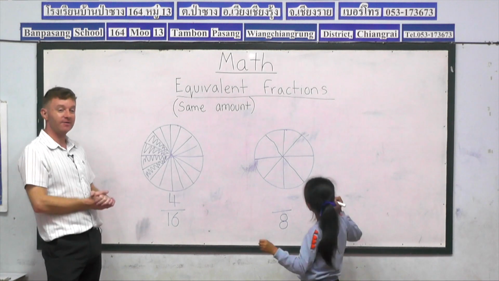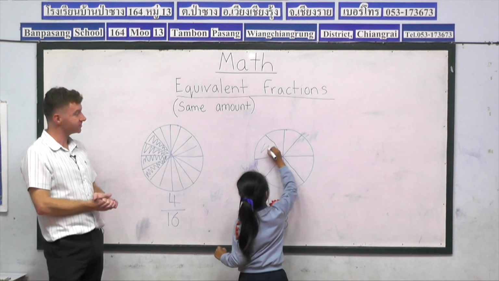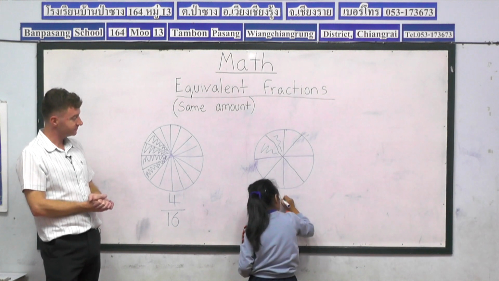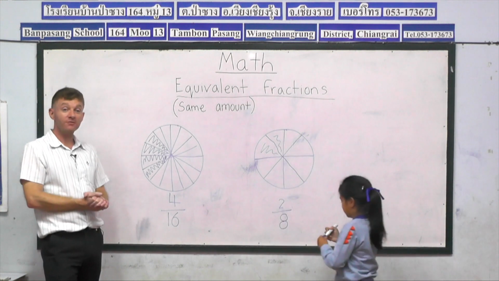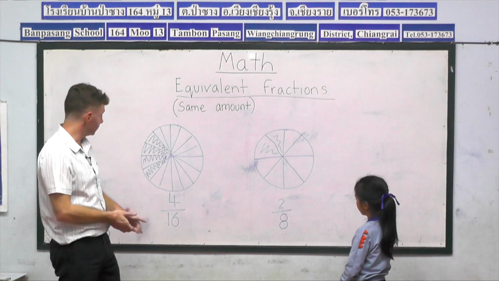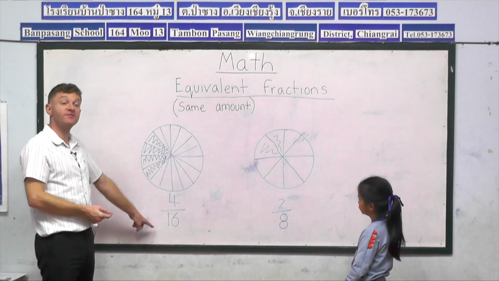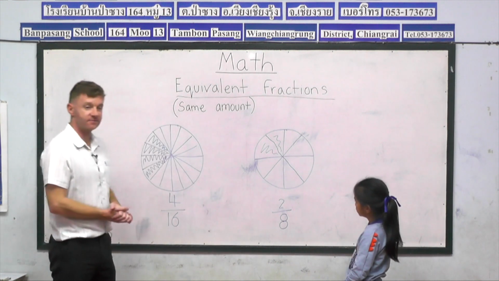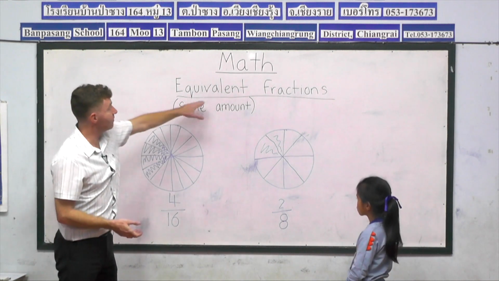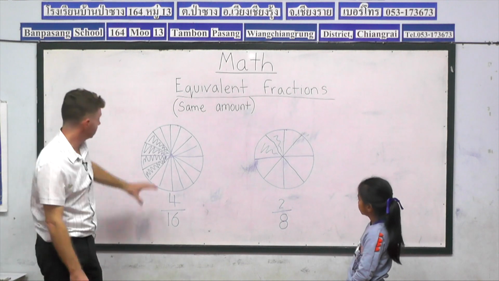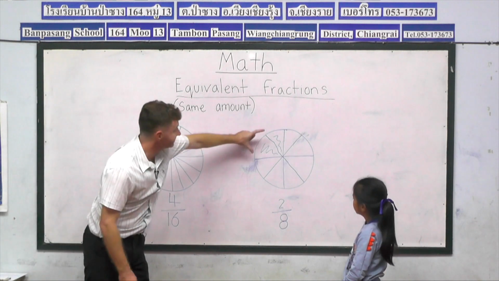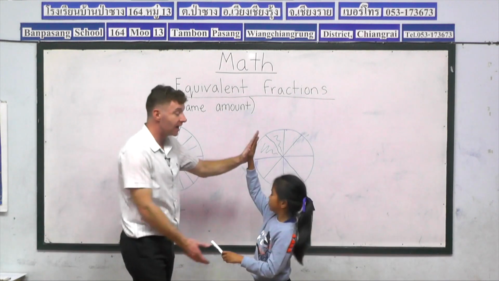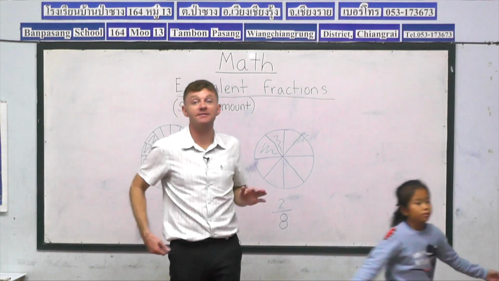So how many parts? 2 parts. Excellent, Prel. Because we're looking at quarters, we've got 4 over 16 and 2 over 8. Equivalent fractions displaying the same amount. Prel, that was excellent. High five and a big round of applause for Prel, please, guys.